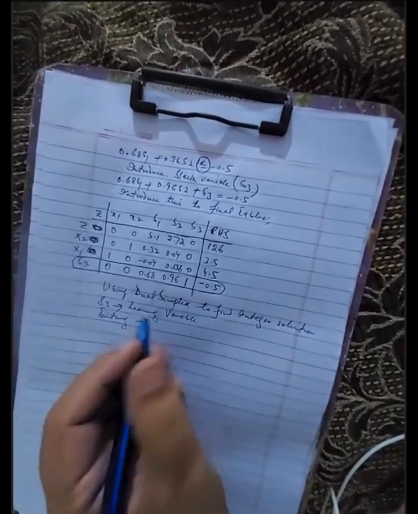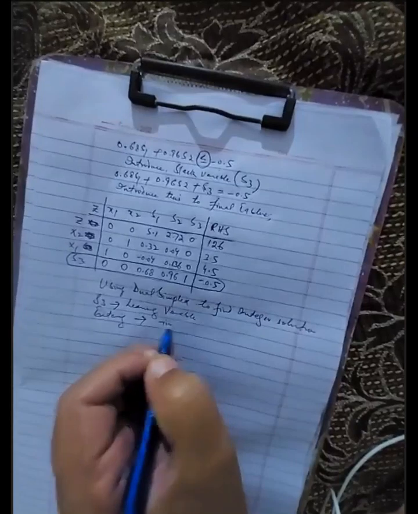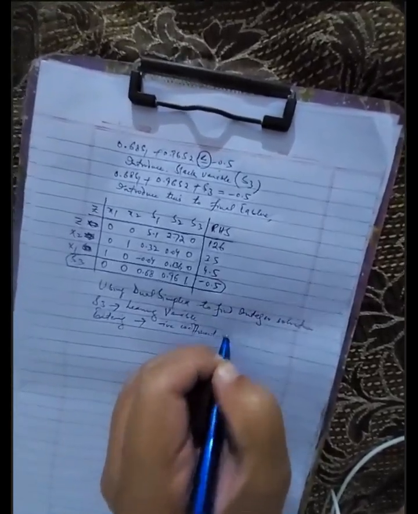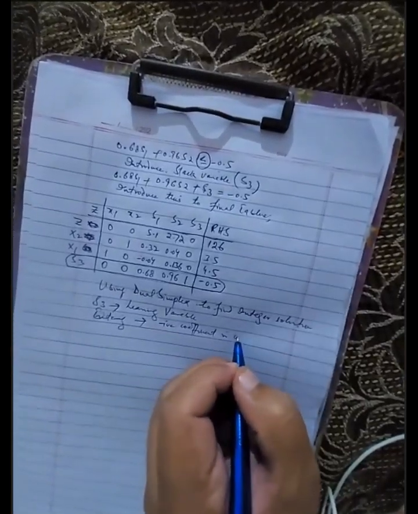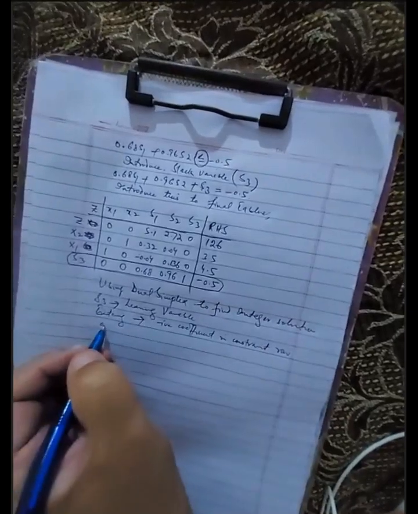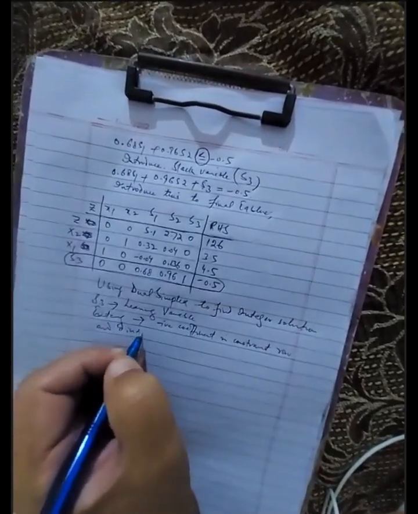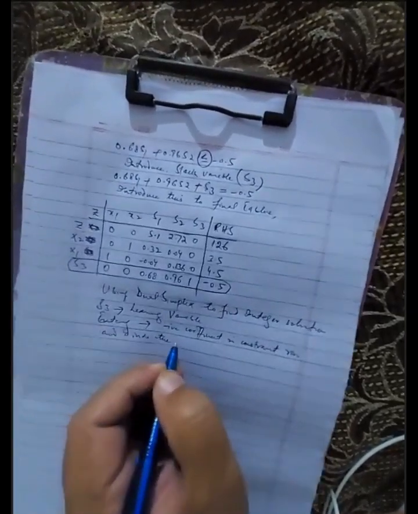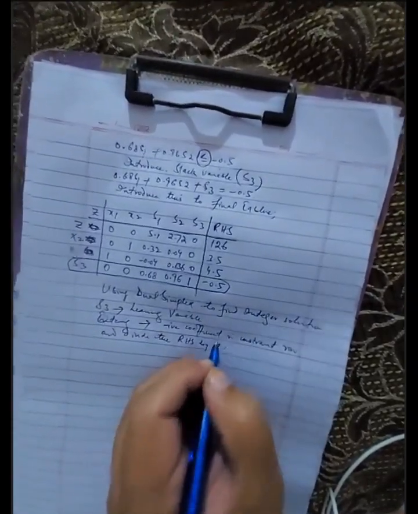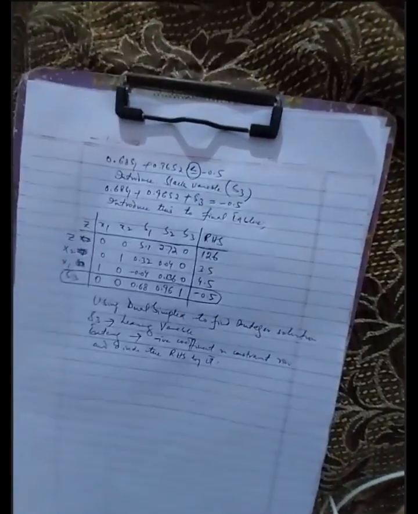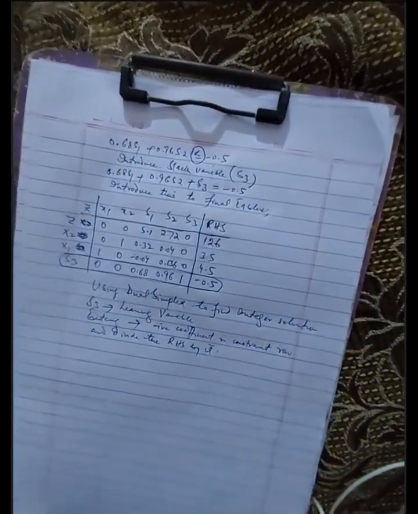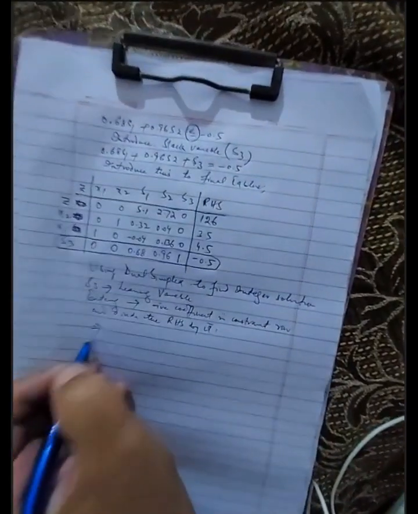Now to find the entering variable, we find the negative coefficients in the constraint row and divide the right hand side by them, and find the ratio.